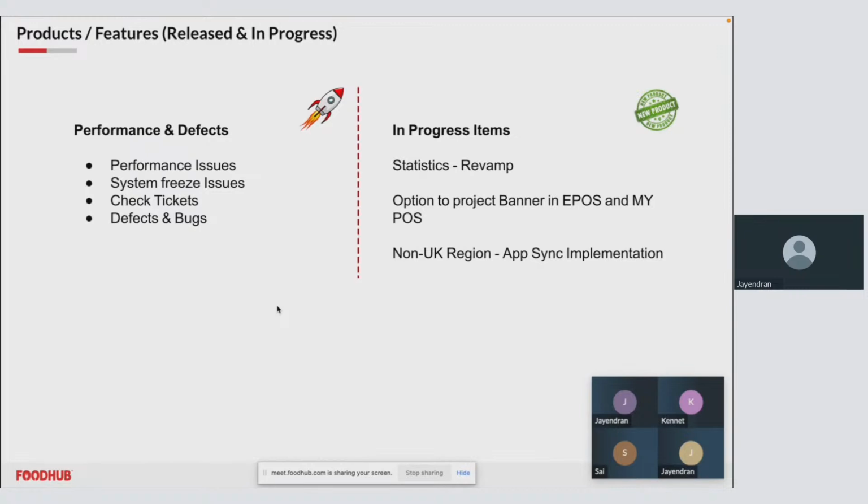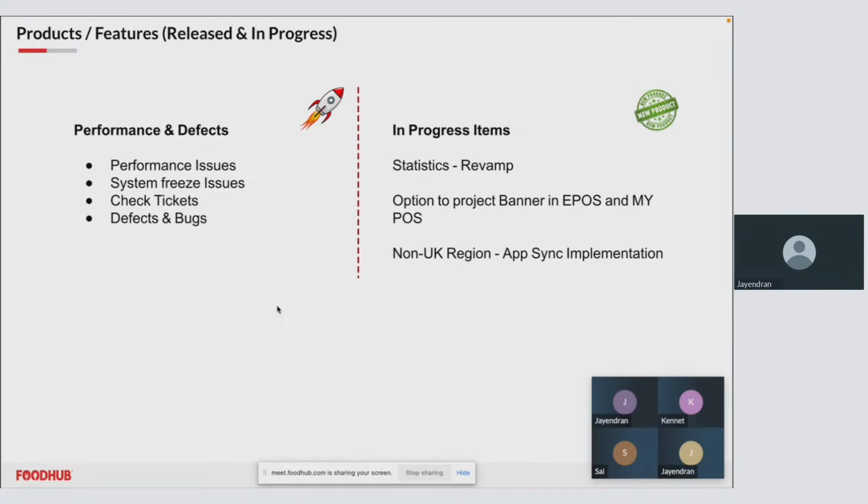And then a couple of in progress items as part of this month. So statistics revamp. Now we have many third party integrations as part of our system, so we are planning to have an advanced version of stats which will give you a clear breakup based on the service provider.